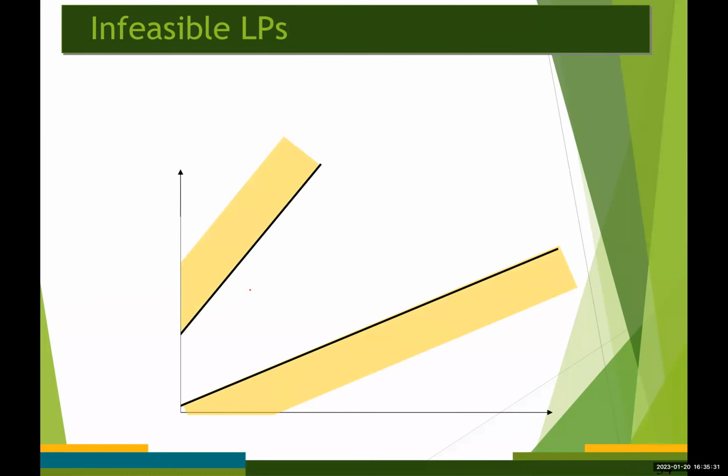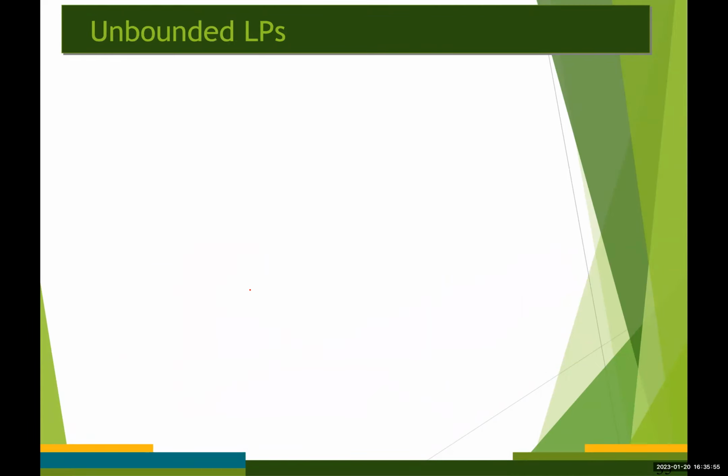Okay, so this shows a general case of the infeasible LPs because there is no feasible region that simultaneously satisfies all of the constraints, including the sign restriction. So the feasible region is going to be empty. So these result in infeasible LPs, okay?